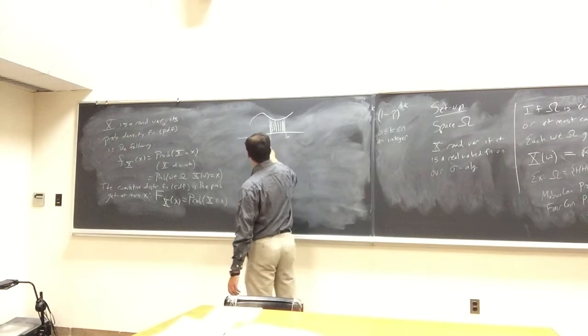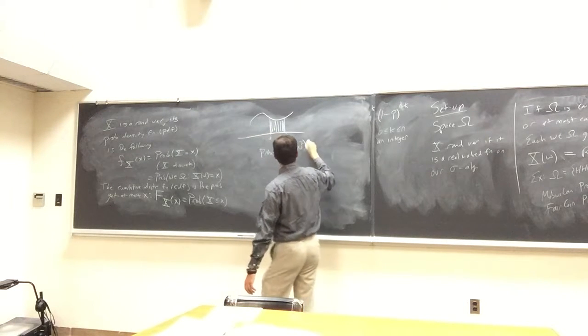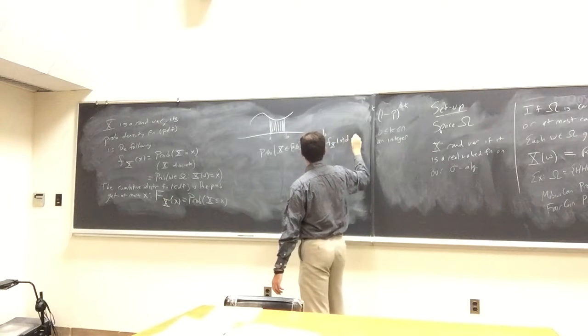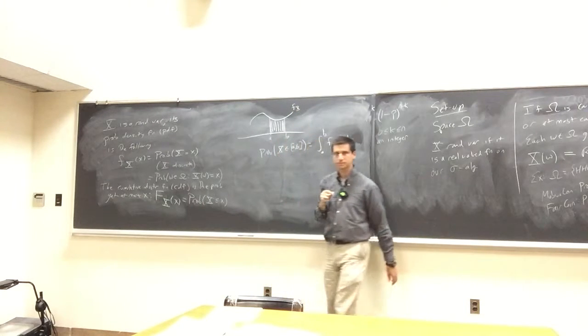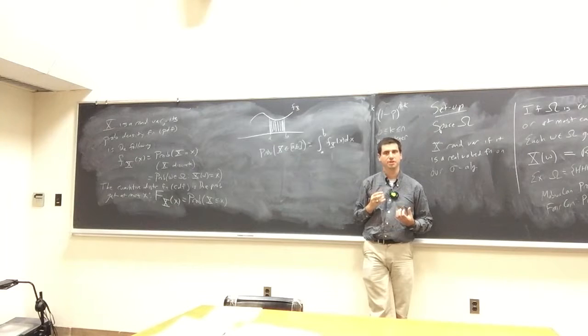So the probability that X is in the interval [a, b] is going to be the integral from a to b of the density f_X of x dx. And this is, as I said, why we care about calculus. Calculus allows us to compute areas. These areas are probabilities.